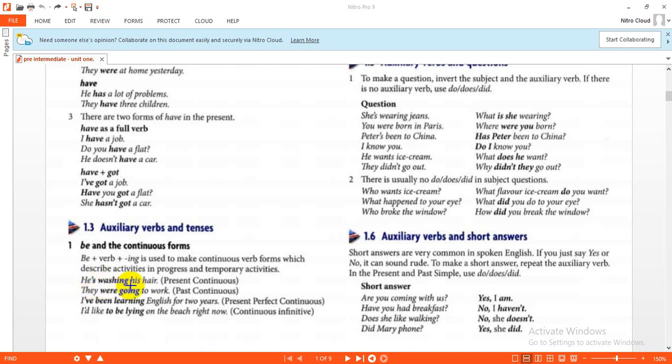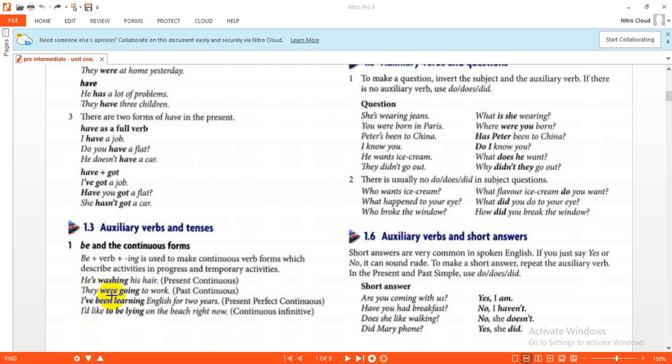He is washing his hair, present continuous. هنا البي دلالة على الفعل. They were going to work, past continuous.